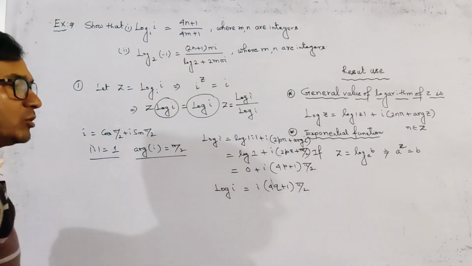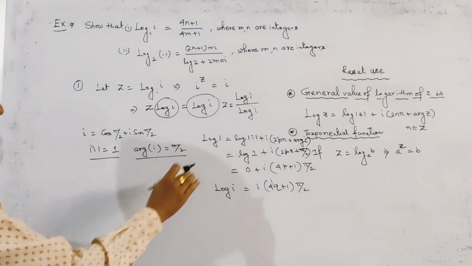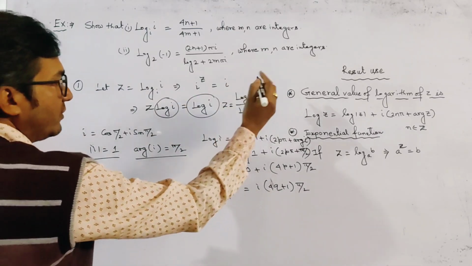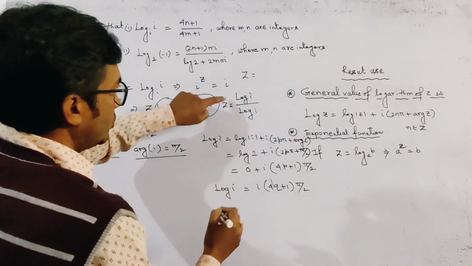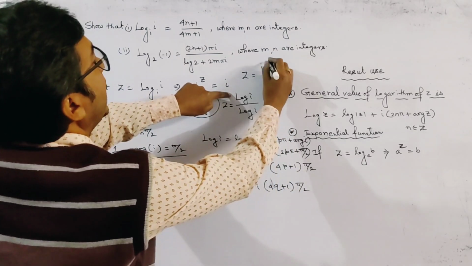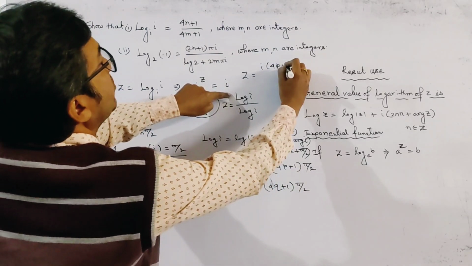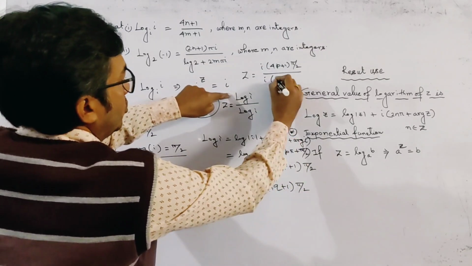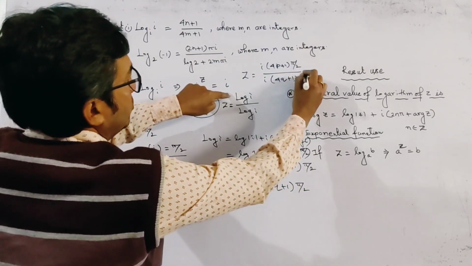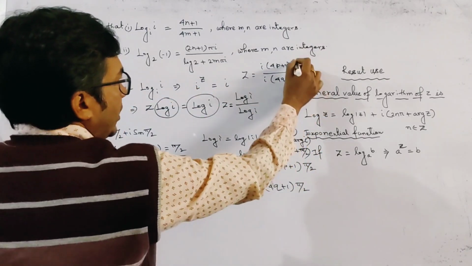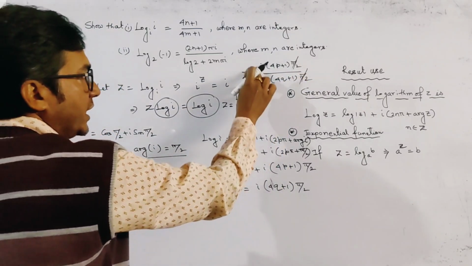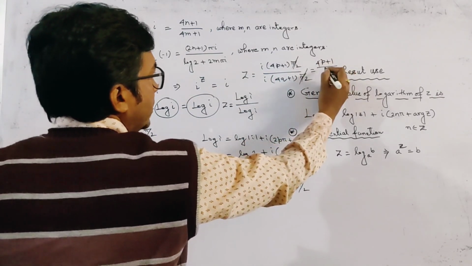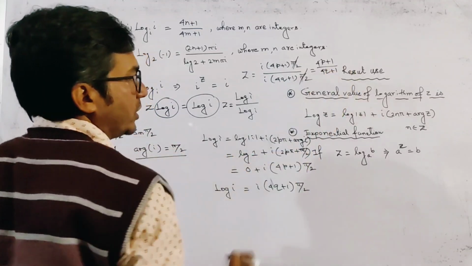These two results cannot be cancelled out, because these two are general values. So for the upper value we put i into (4p+1) into π/2, and for the lower value (4q+1) into π/2. The π/2 cancels out, i cancels out, and we get (4p+1)/(4q+1).